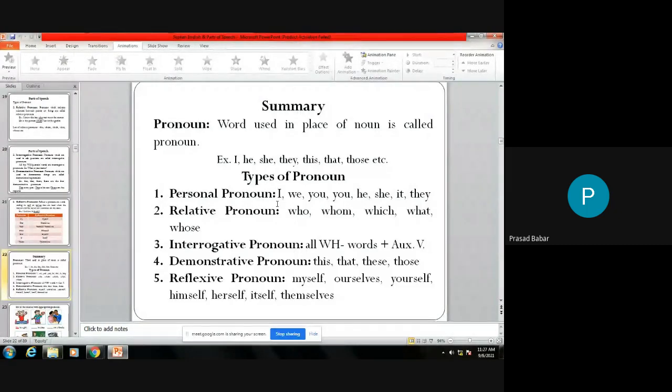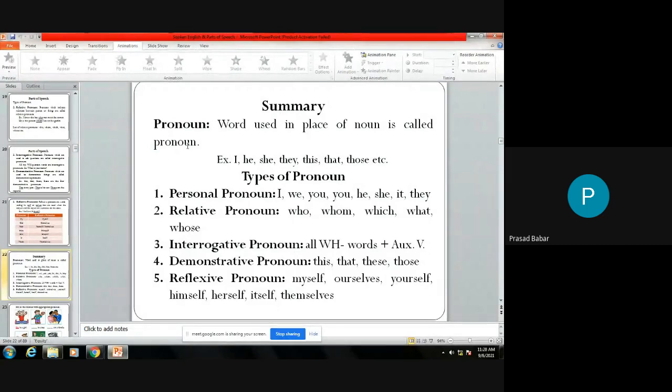A pronoun is a word used in place of a noun, and examples of this part of speech are I, we, you, he, she, it, they, them, this, that, these, those, whom, who, which, what. These are the examples of pronouns. And there are 5 types of pronoun.